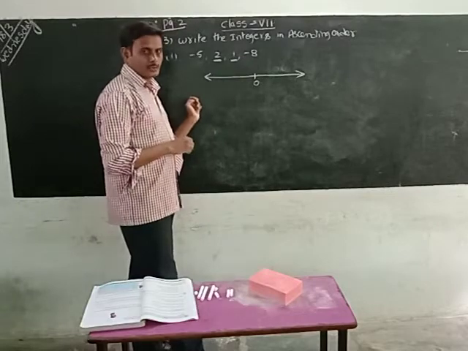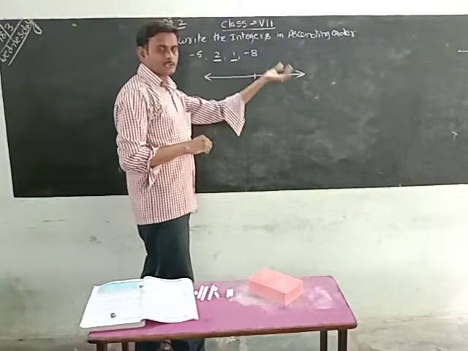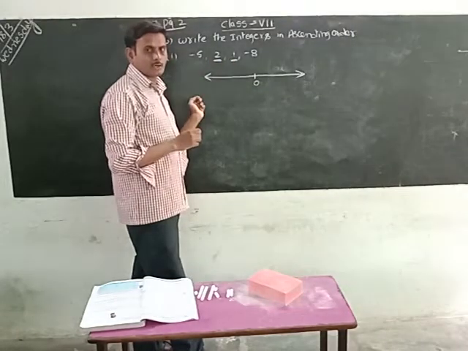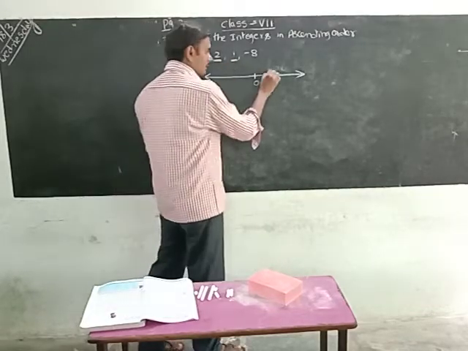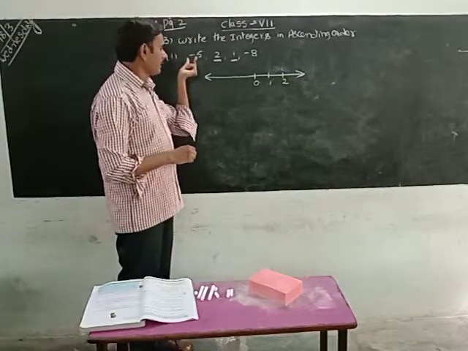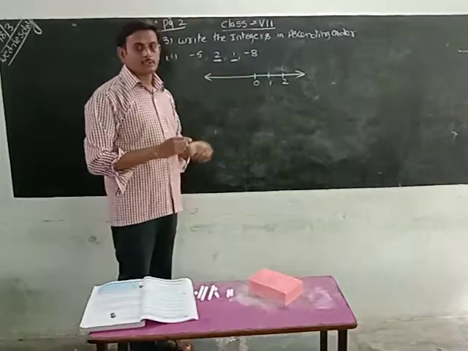Mark these two numbers on the number line. 1, 2. Which one can we write first? After 0 we can write 1 or 2. 1 we can write first. So 1, next 2. The negative numbers which are there are minus 5 and minus 8. After 0 we can write these two numbers. Which one is first, minus 5 or minus 8?